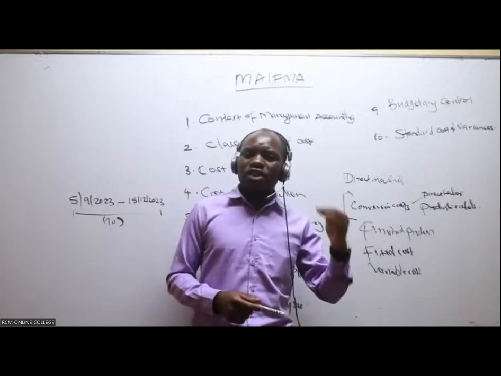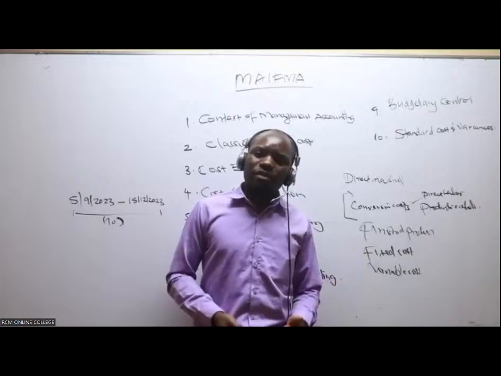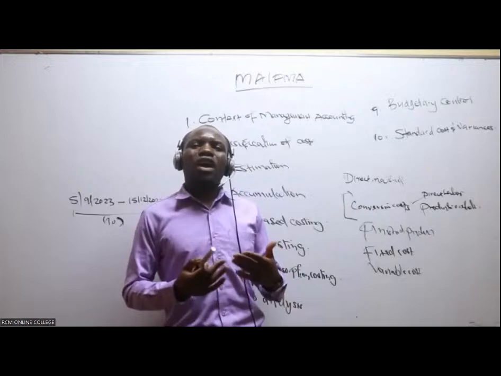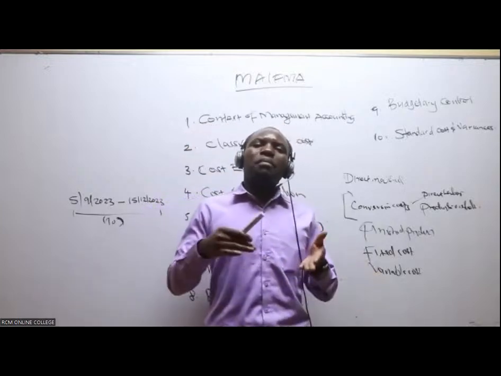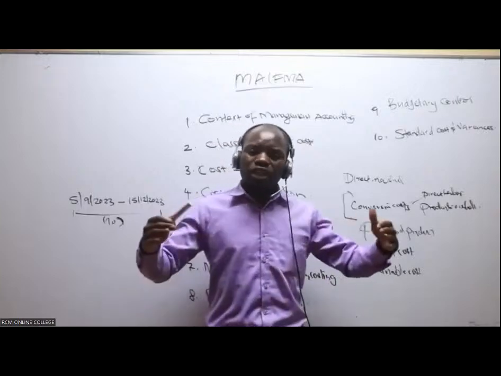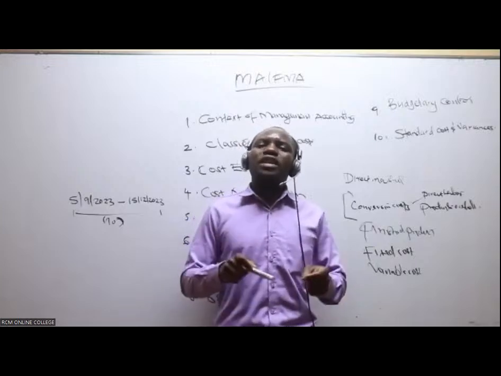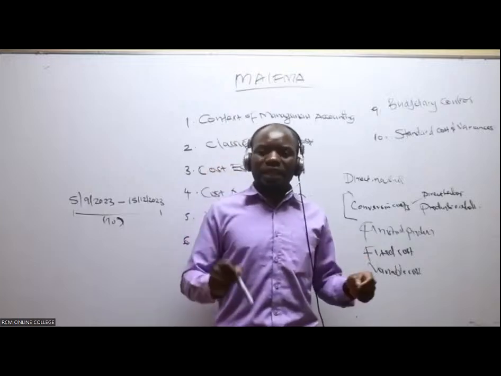Once I have the material usage budget, I need to understand how many units of raw material the production department needs to have in the store at any given time. We add it to the material usage. Then, you take the total that they normally need, less whatever is already in the store as at today or as at the budgeting date.